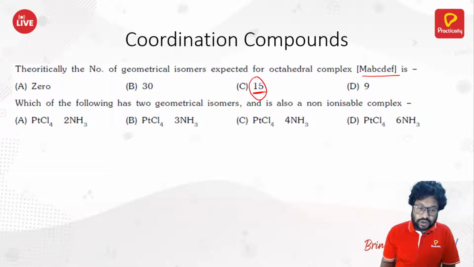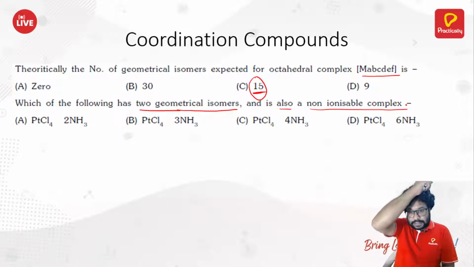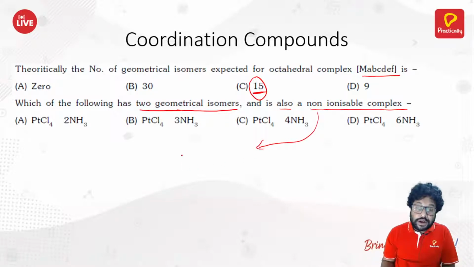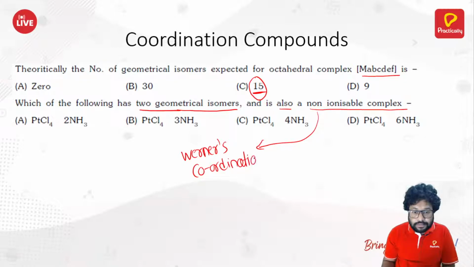Okay, so next, which of the following has 2 geometrical isomers and is also a non-ionizable complex? See, non-ionizable complex, all of these things come from Werner's coordination theory.